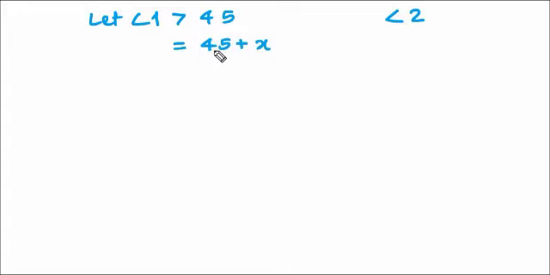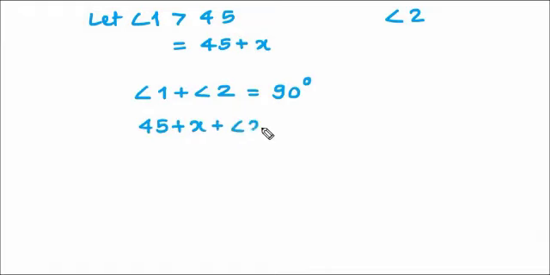We have to add something to 45 to get a greater number. So it has to be 45 plus some number x. Now we know if angle 1 and angle 2 are complementary, then angle 1 plus angle 2 is going to be 90 degrees. And therefore, angle 1 is 45 plus x, plus angle 2 is equal to 90 degrees.